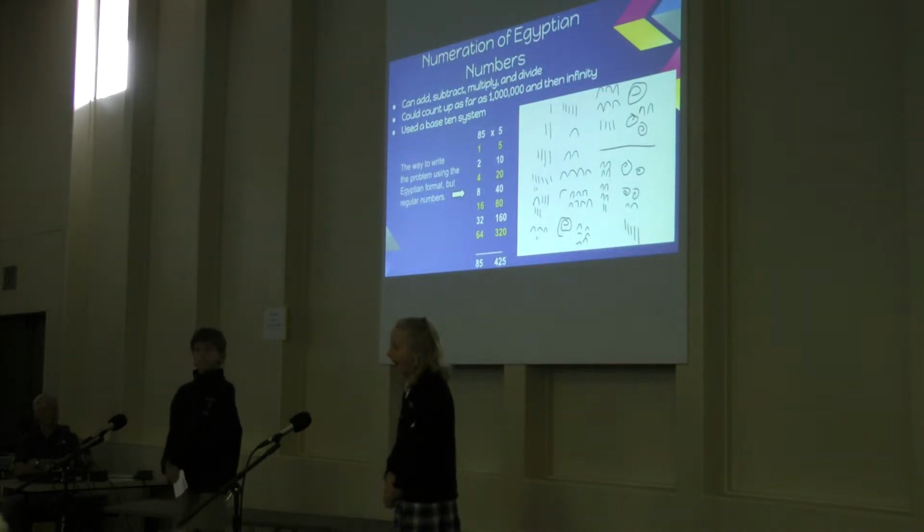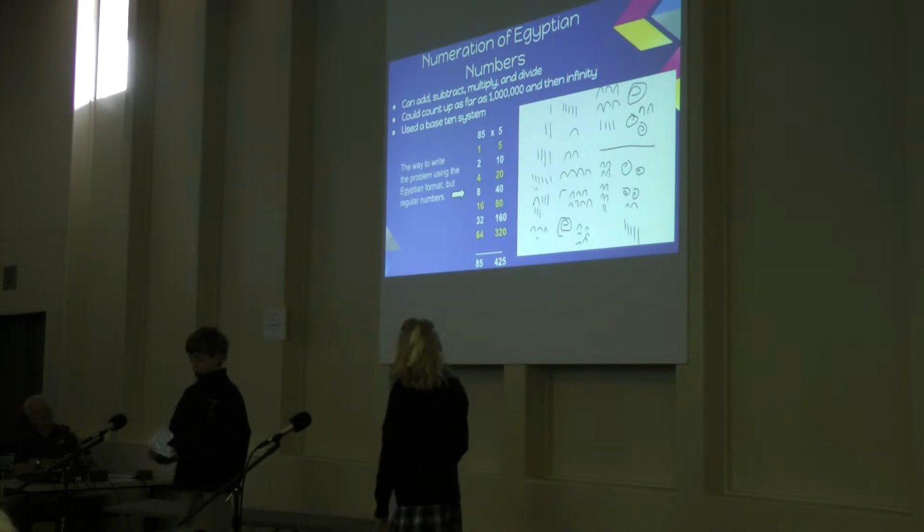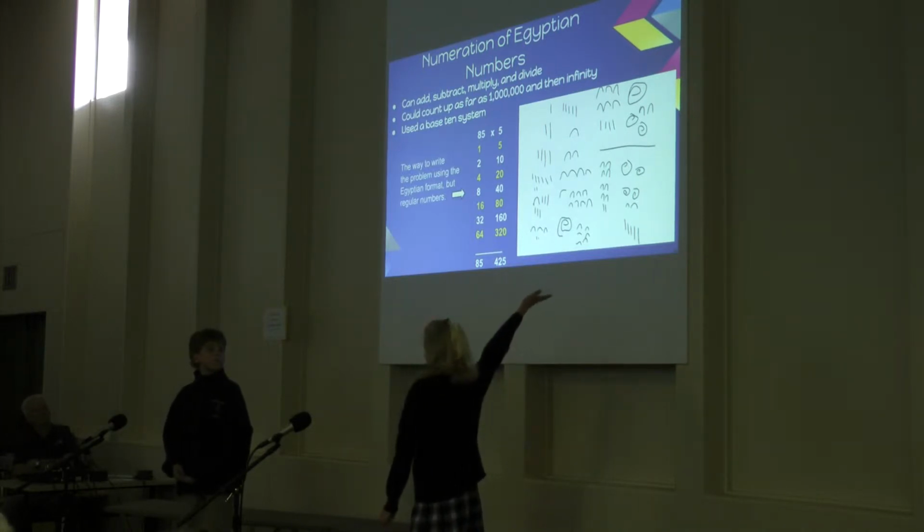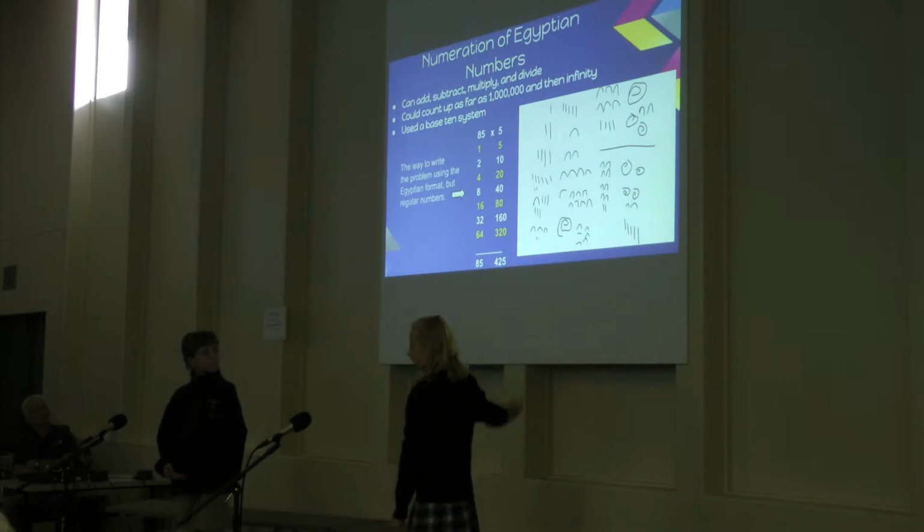The Egyptians can add, subtract, multiply, and divide. They could count to 1,000,000, and then the next number would be infinity. They used a base 10 system. So our problem is 85 times 5, and they used repeated addition. And we got 425, and this is a number. This is a problem in Egyptian.